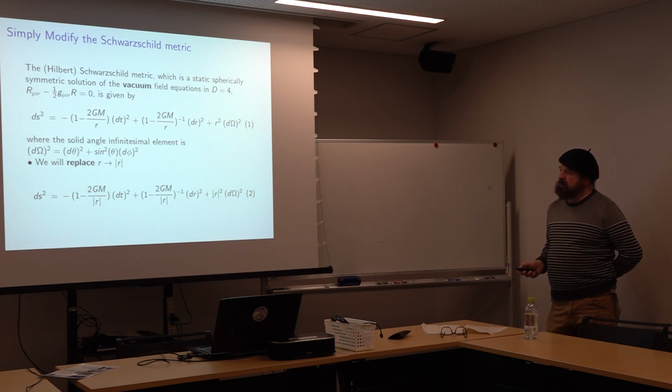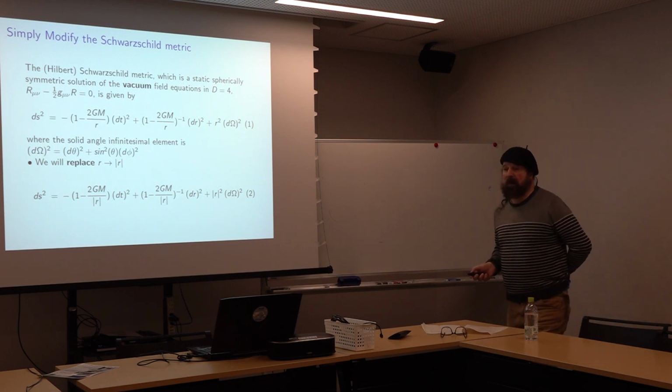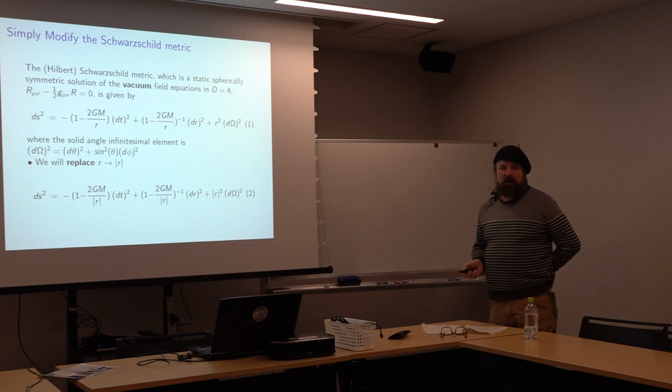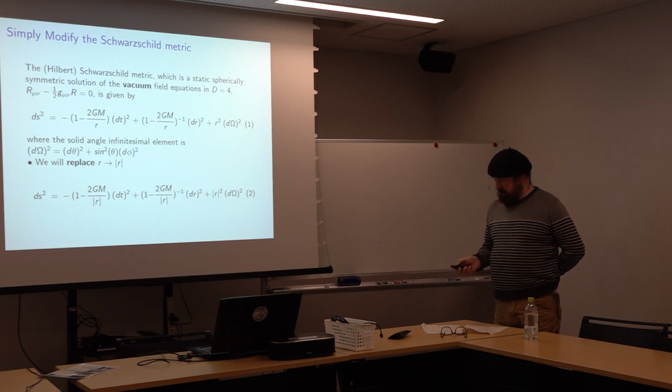Of course, when you take the square of the absolute value of R, it's basically the same as R squared. There's really no difference between R squared and the magnitude of R squared. But I just write it like this to remind you that I'm taking the absolute value of R. Now you will say, but why do I do that when we know that the radius is a positive number? This is absurd. This is redundant. But you will see in a minute that it's not.